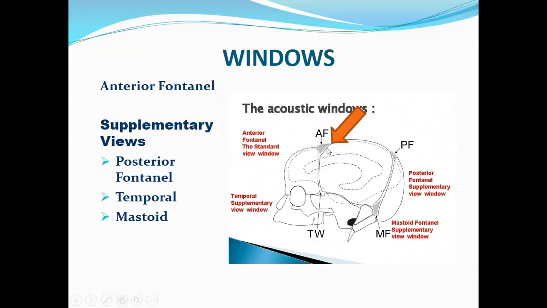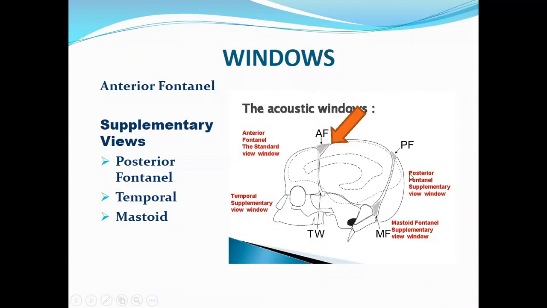If you want to see the posterior, you use the posterior fontanelle. This one is a supplementary view. The temporal window, also supplementary.